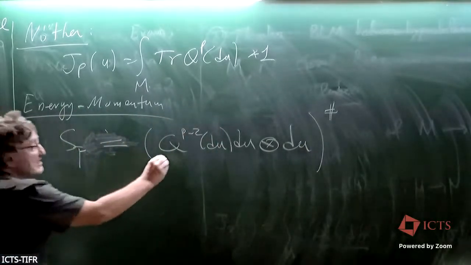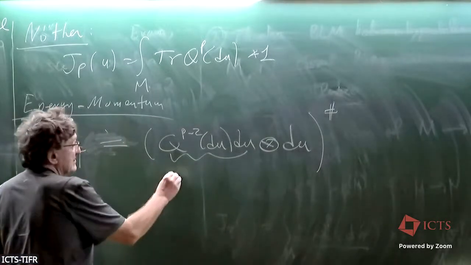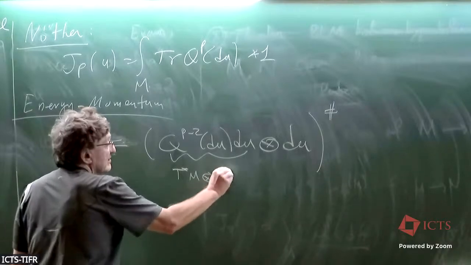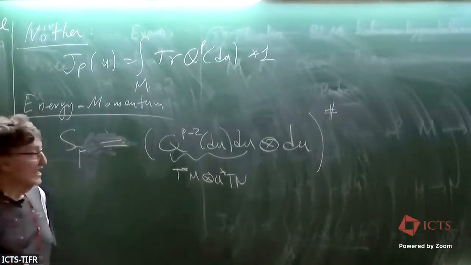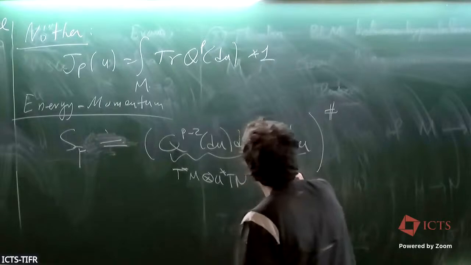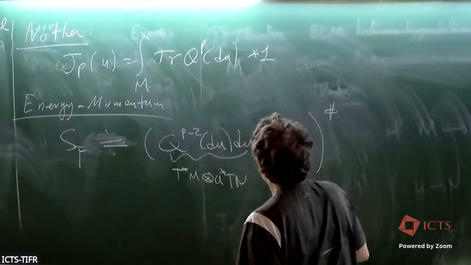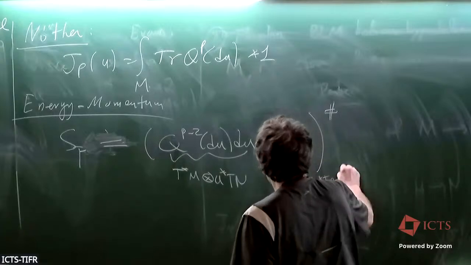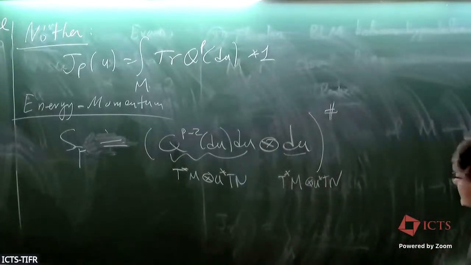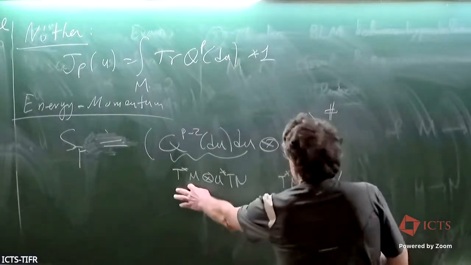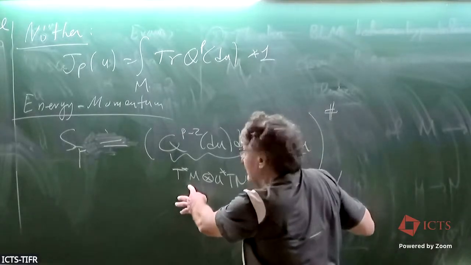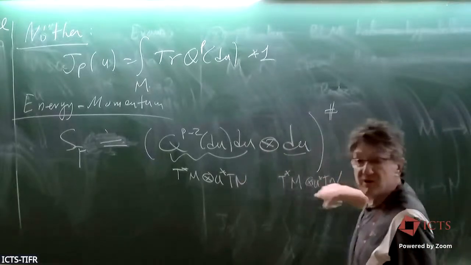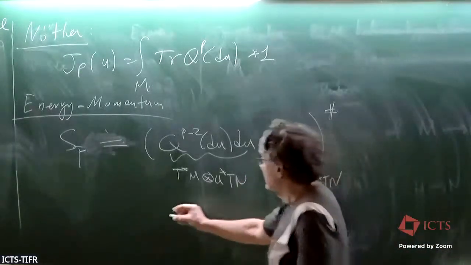We've seen that this is a section of T*M tensor u*TN, as is this one here. So we take these two tensors, where we tensor the cotangent bundles, and then we contract with respect to the metric these parts here. So this is a 2-tensor.